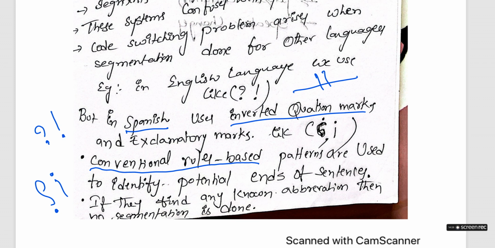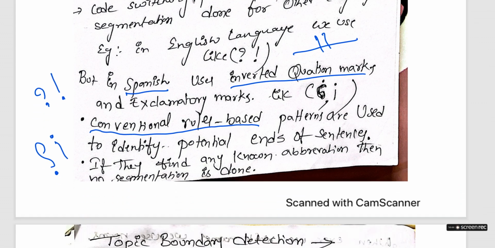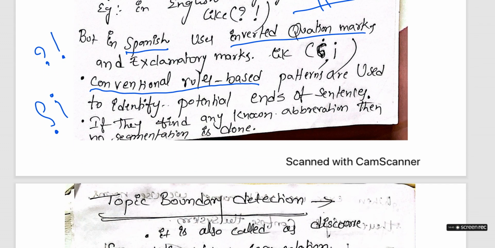Okay, so here these conventional rule based patterns are used to identify the potential end of the sentences. If they find any known abbreviation, then no segmentation will be done. Also sentence segmentation gets confused with short message services and abbreviations. All these things are examples.